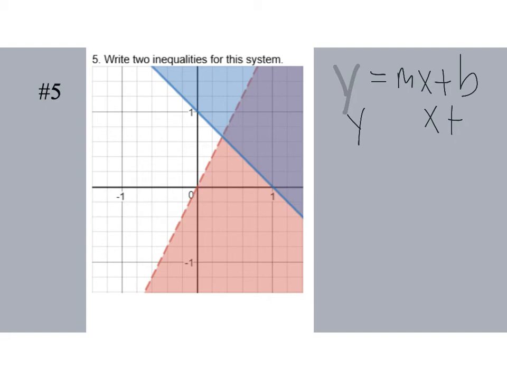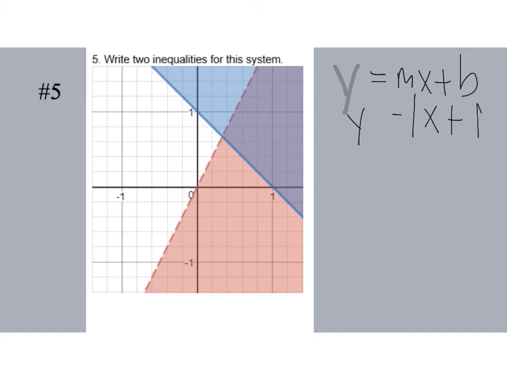If I'm looking for the y-intercept of this inequality, it's going to be right there at 1. So my y-intercept is 1. Now, next thing I'm looking for is the slope. So if I follow this point, and the next point I see is down here, I'm going to rise and run. Looks like I'm going to go down 1 over 1, which would make this slope equal negative 1.